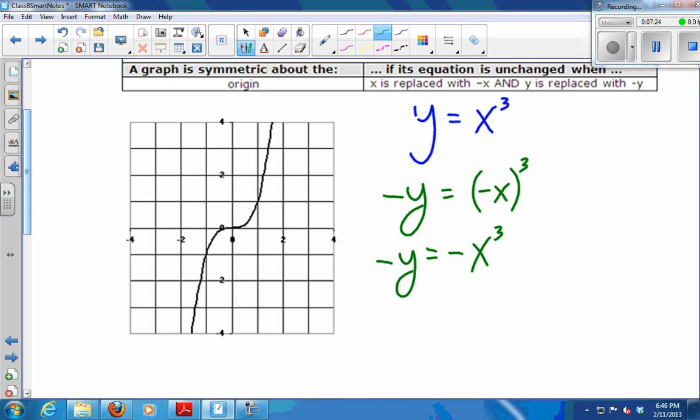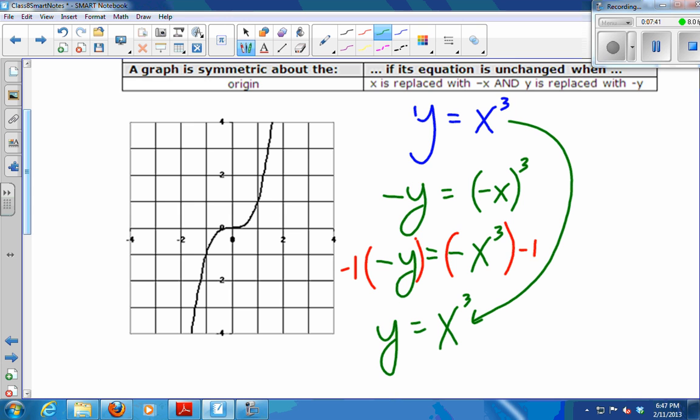Or multiply both sides of this equation by negative 1. And we get negative 1 times negative y is y. Negative x cubed times negative 1 is x cubed. And I have the same equation.